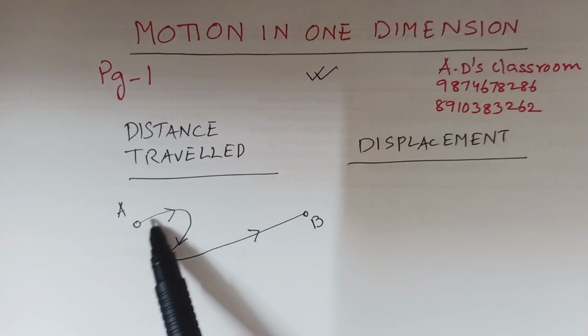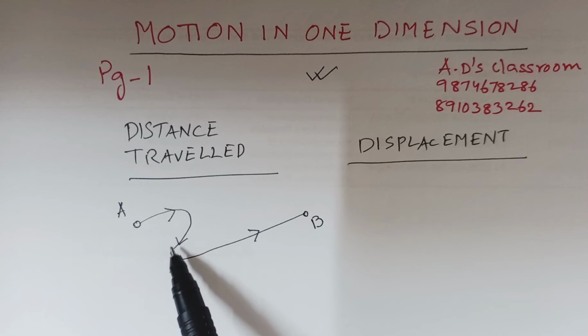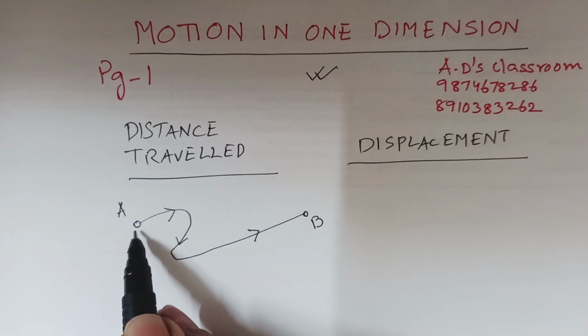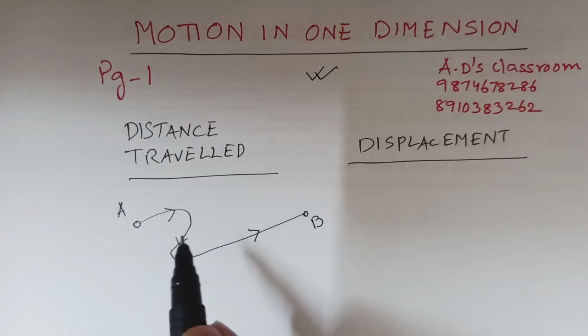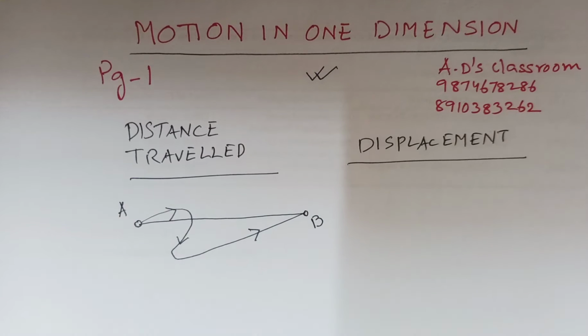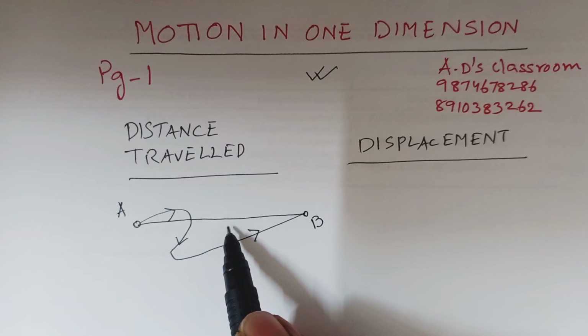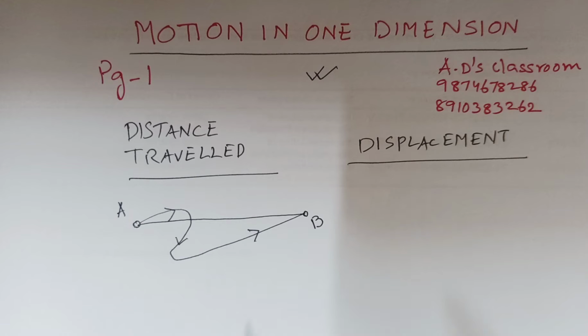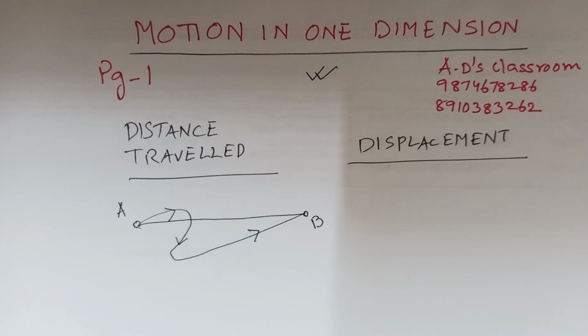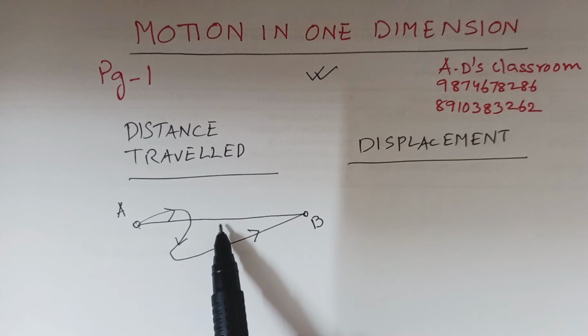Distance is the length of the path traversed by the body in a certain time. That is distance. And if I join the initial point and the final point by a straight line, now a straight line is basically the shortest distance between 2 points. So if I measure this straight line AB, this is basically the displacement.